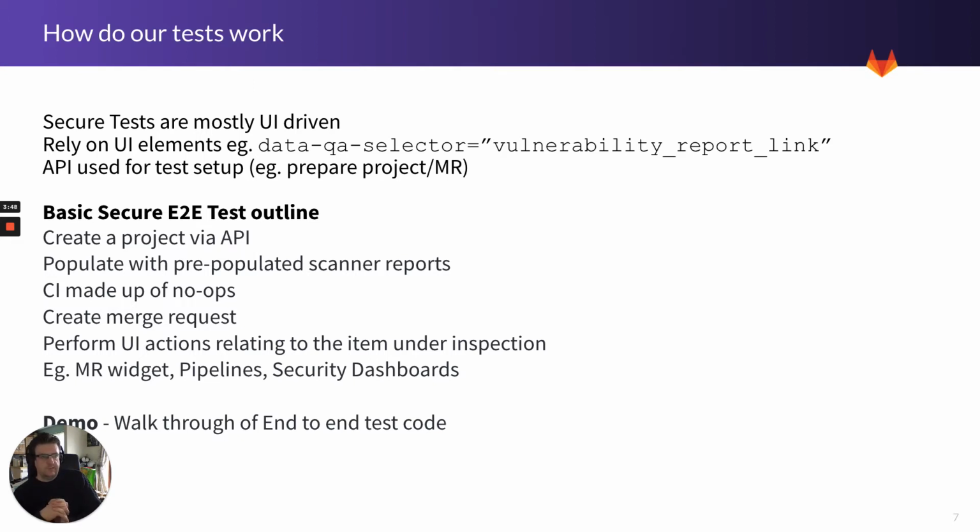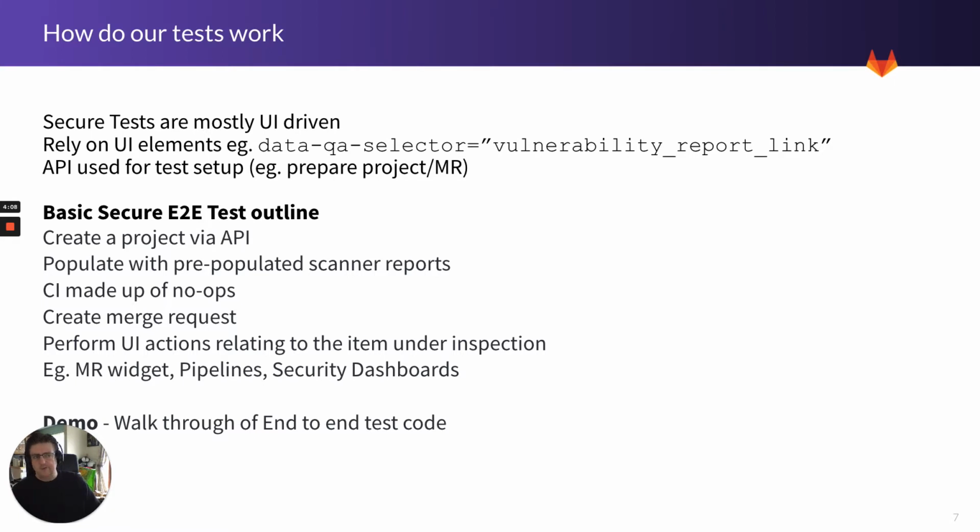But these are fairly important for our tests. The API is mostly used in the secure tests for test setup, creating a project, preparing a merge request.